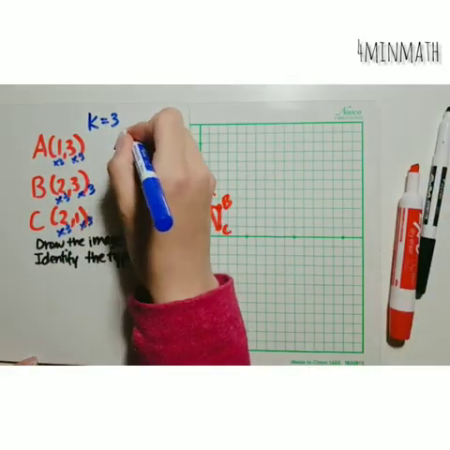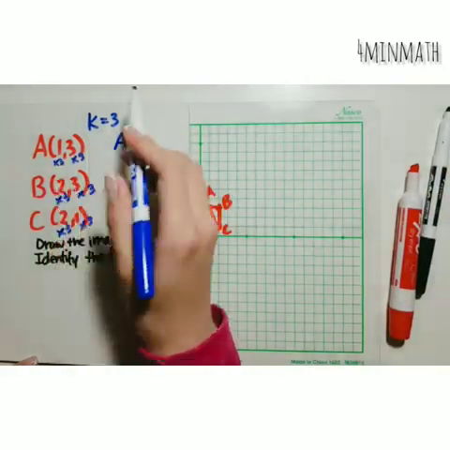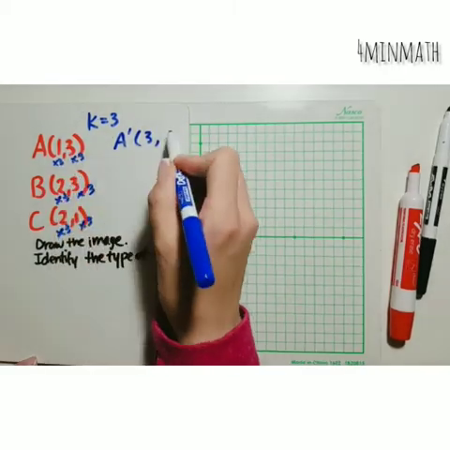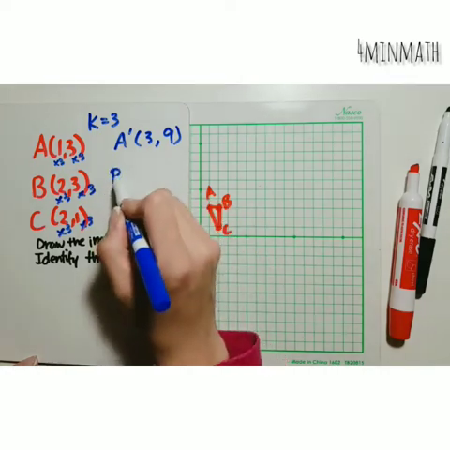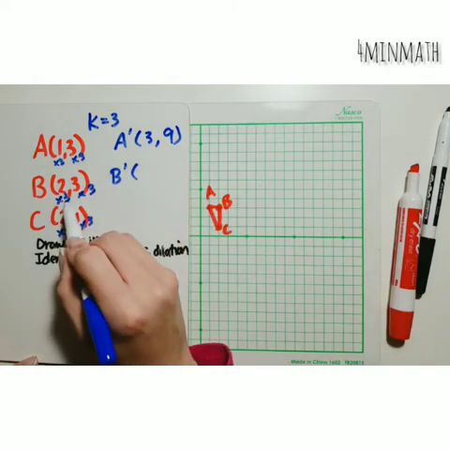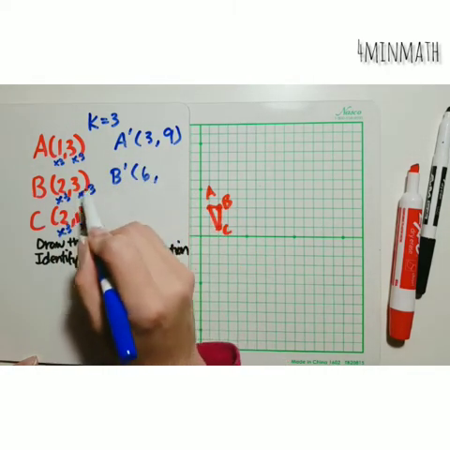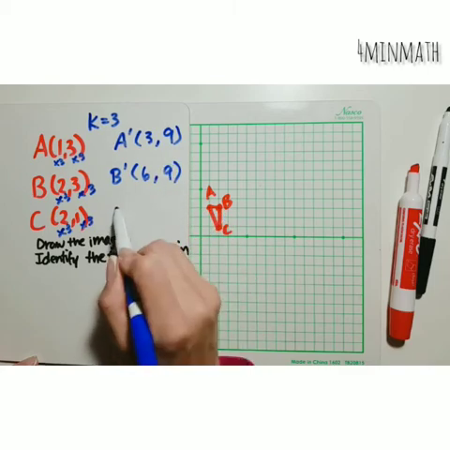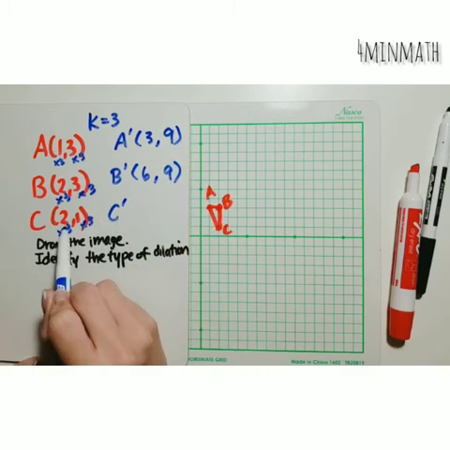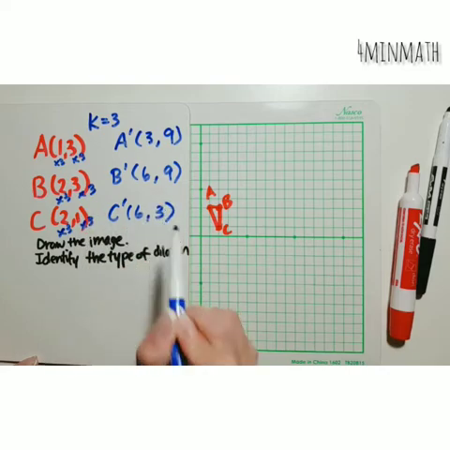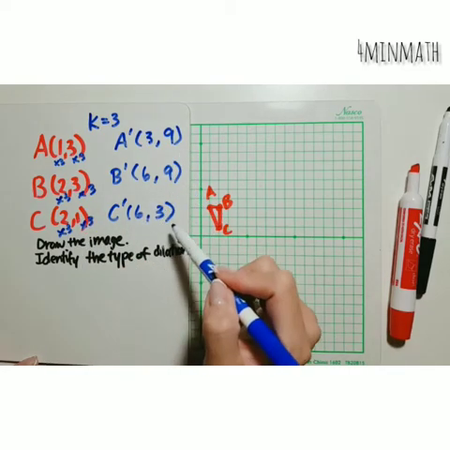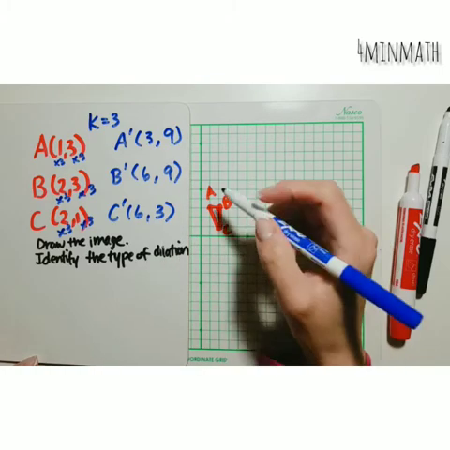So let's see A prime. 1 times 3 is 3. 3 times 3 is 9. So that's A prime. B prime, let's do all the math first. 2 times 3 is 6. 3 times 3 is also 9. And then C prime would be 2 times 3 is 6. 1 times 3 is 3. And these are my coordinates for the image.